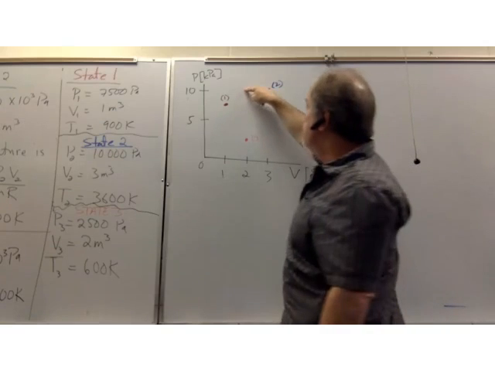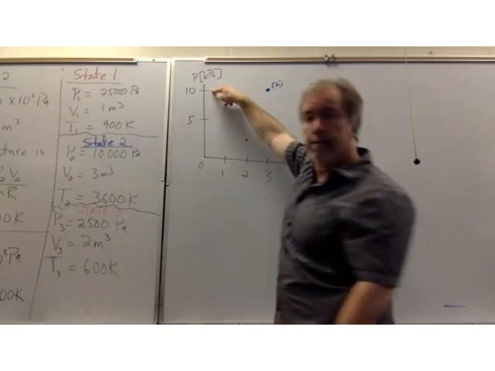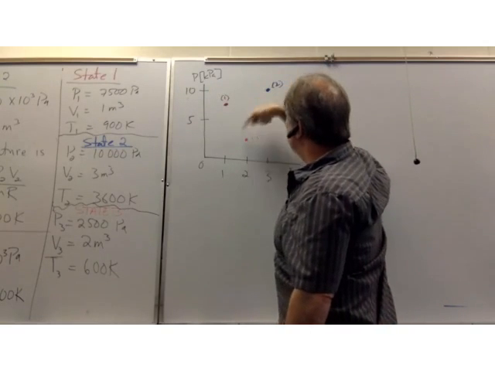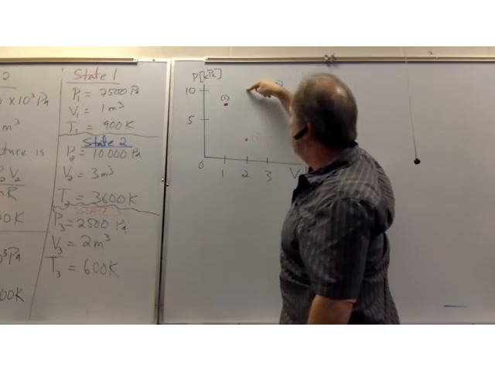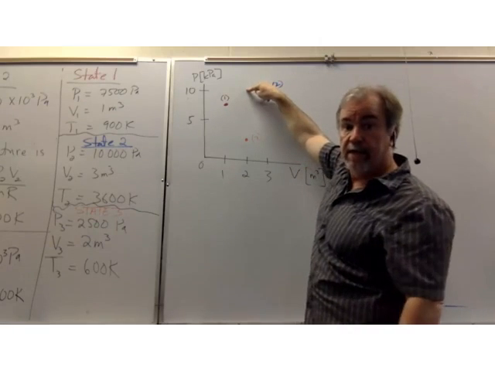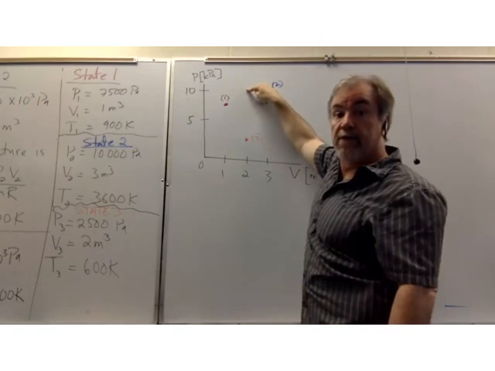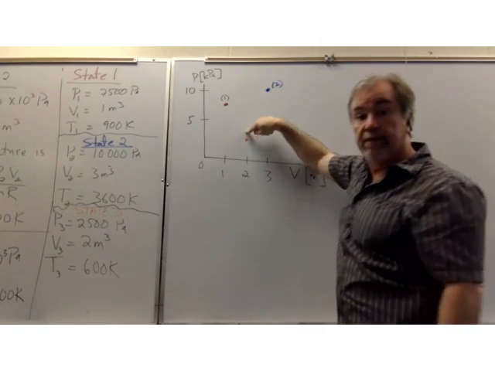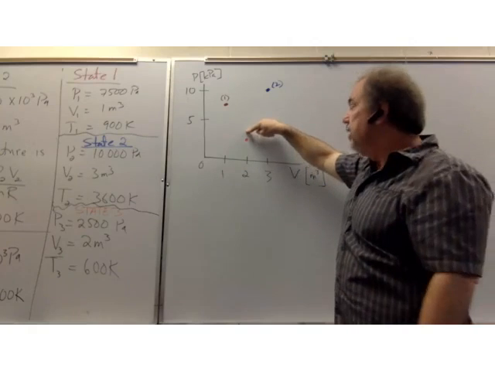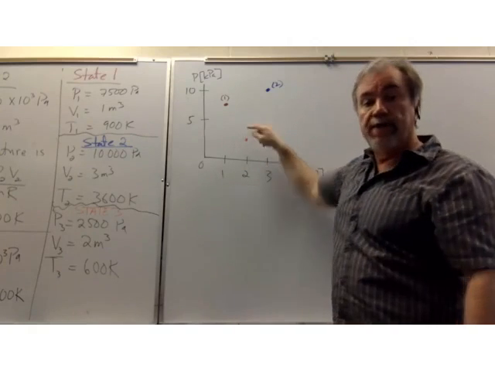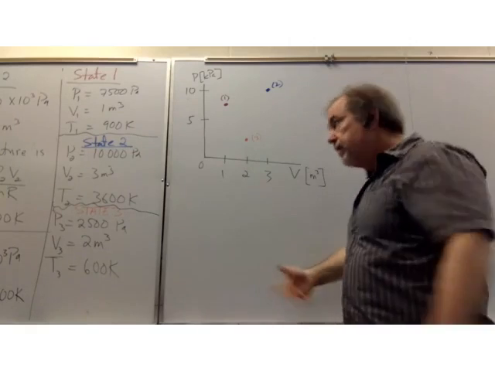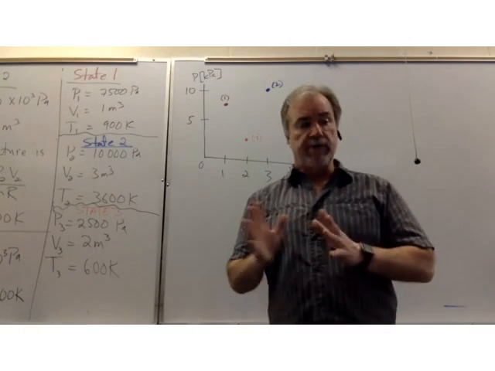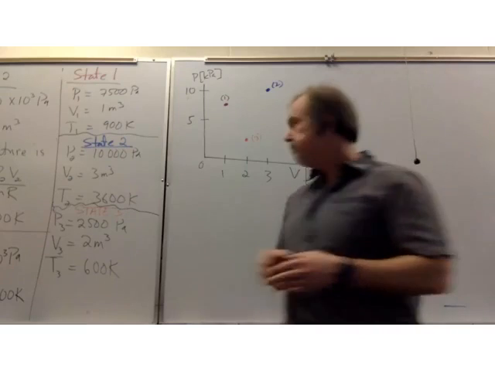The volume decreases, but the pressure remains at 10 kilopascals, in which case my graph going from 2 to 3 would trace out a horizontal line heading towards the vertical axis. And then once I've got to my desired volume, then allow the pressure to drop, keeping the system somehow, magically again, at constant volume while that happens. So there's a lot of possibilities, and all of them can be displayed on this graph.